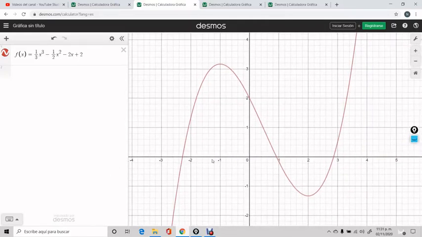From minus infinity to minus 1, you get increasing behavior, and then from minus 1 to 2, you get decreasing behavior up until 2, and from 2 onwards, you get one more time increasing behavior.